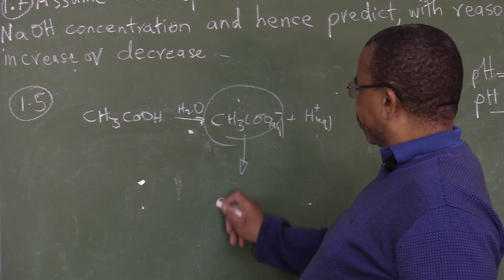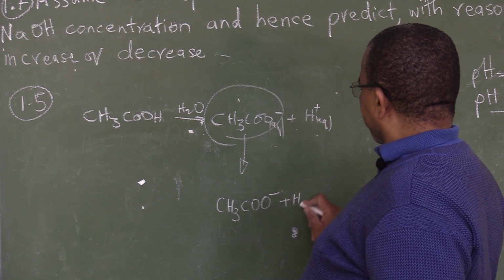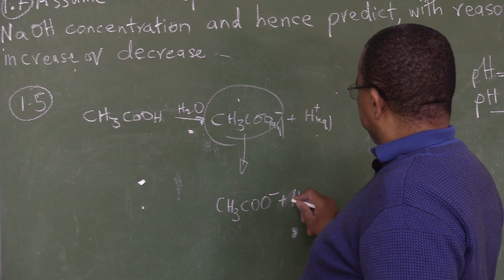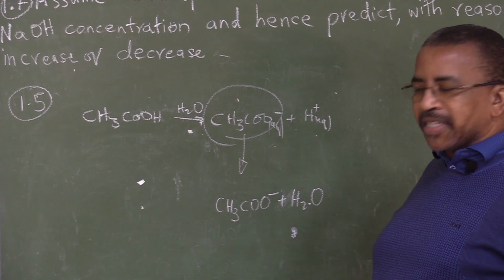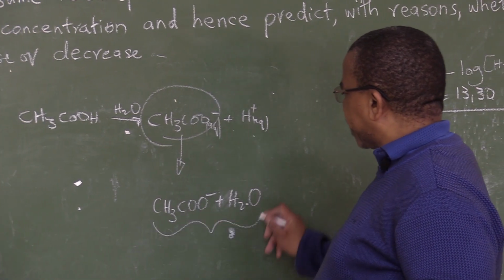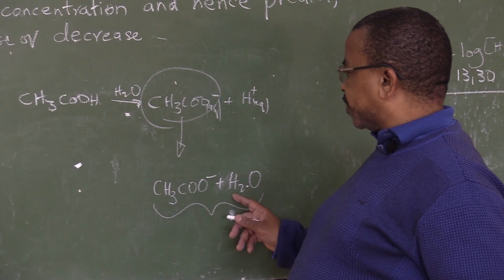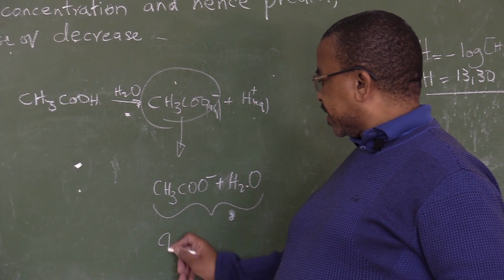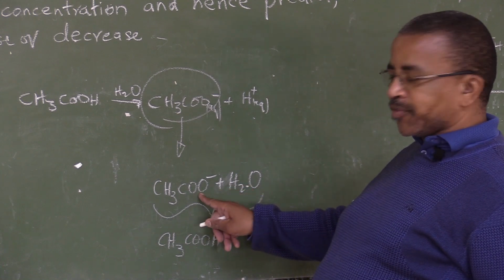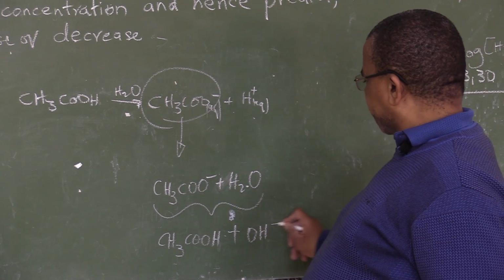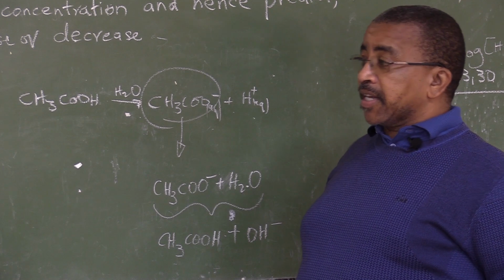It is a strong conjugate base, so it will readily accept H plus. It will take H plus from water, leaving CH3COOH. What remains is OH minus. So the formation of OH minus makes the pH greater than 7.